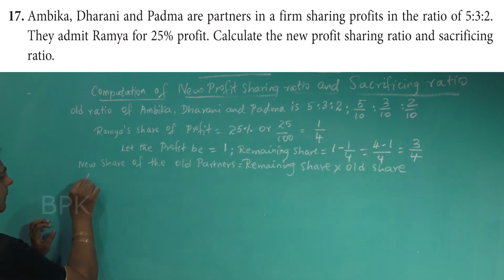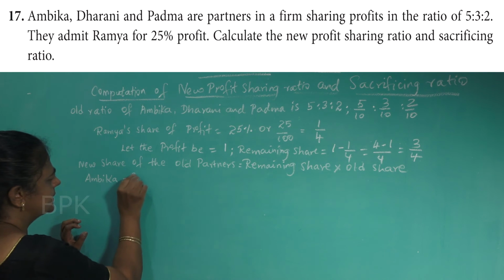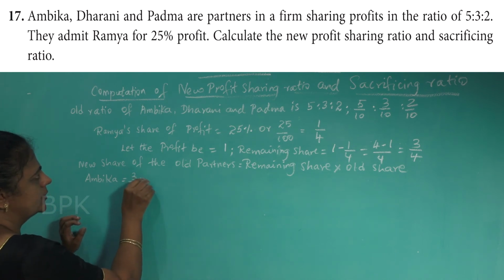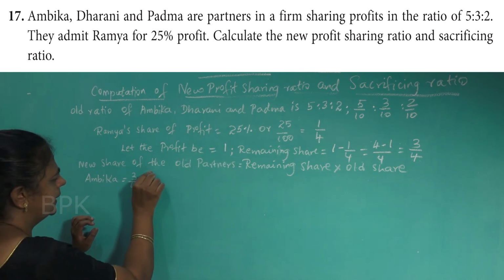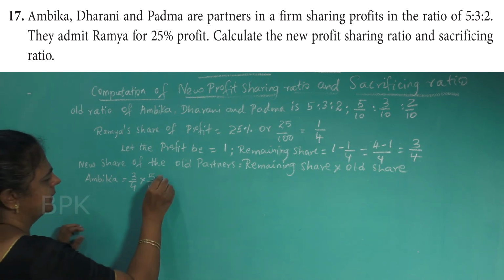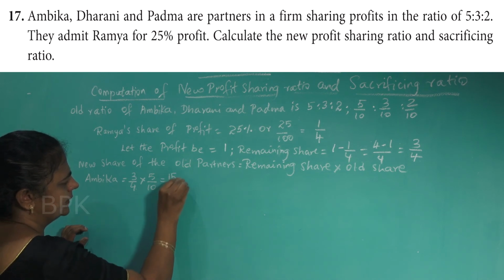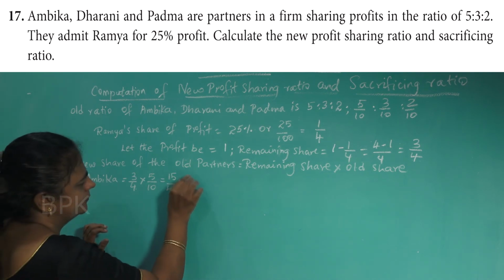First to find for Ambika. Ambika is equal to, what is the remaining share? Remaining share is 3 by 4. What is the old share? 5 by 10. So that is 15 by 40. Next to find for Dharani.